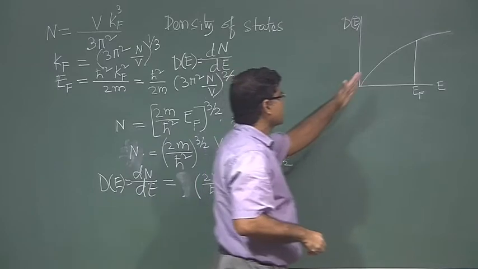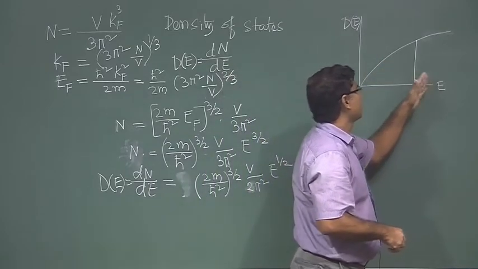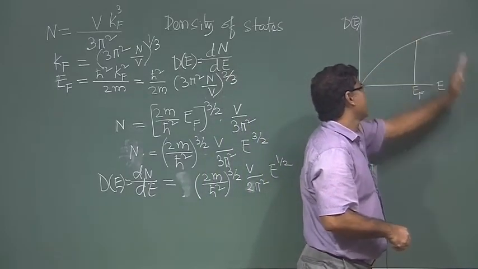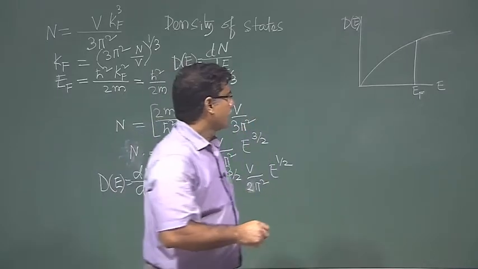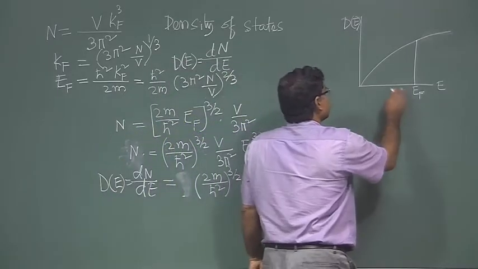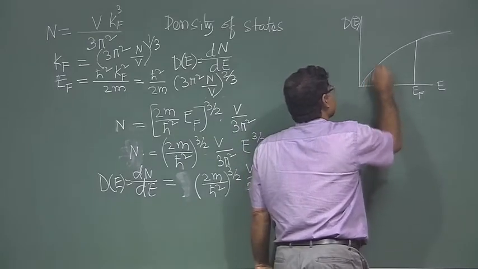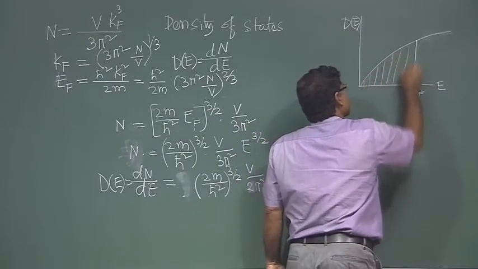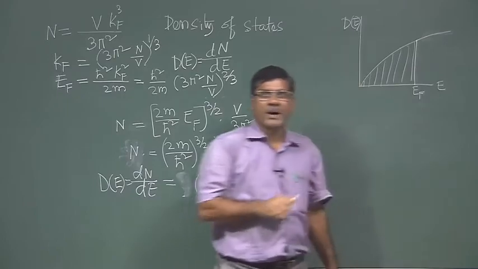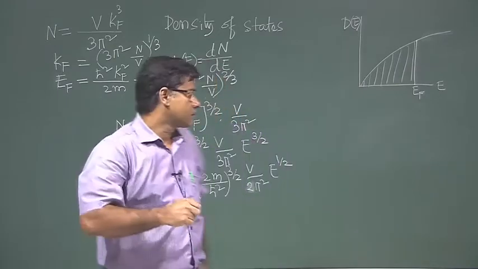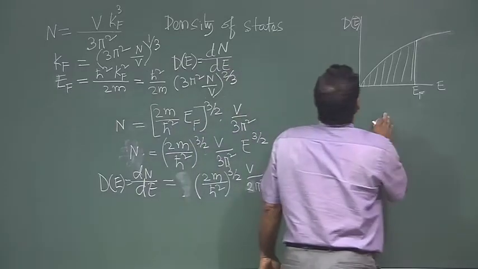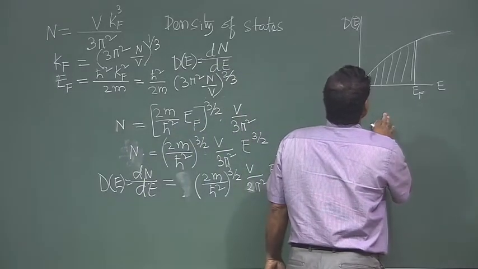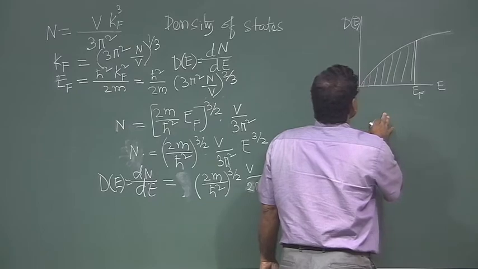So, density of states, you will have beyond this Fermi level also, but this is Fermi energy. So, this part is basically occupied by the electrons. So, this density of states varies, yes.